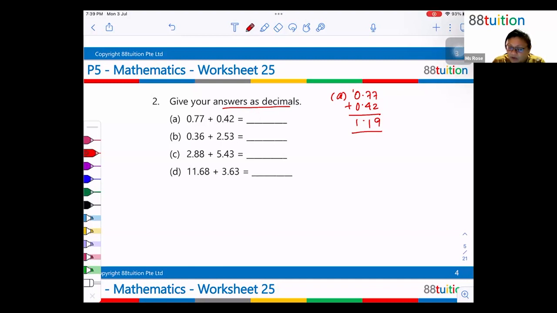So same thing for part B. We must make sure that the tens, the decimal point, the ones place, they must all align. Once they are aligned, then it's easier for you to perform the addition.